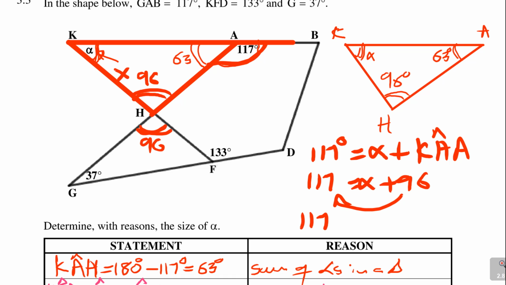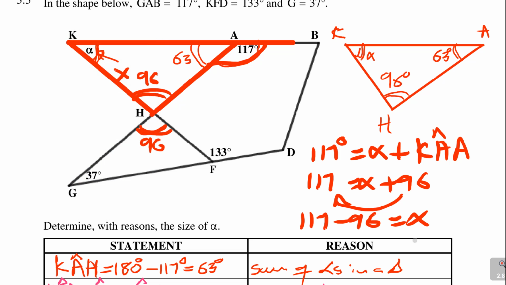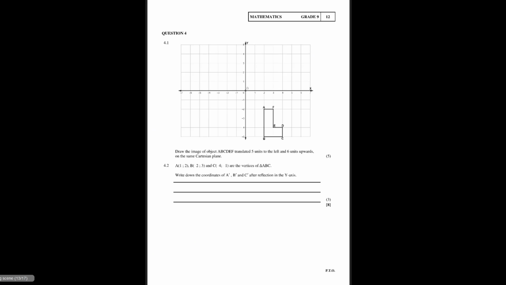So 117 minus 96 is equal to alpha. That was another way. Then when you subtract 117 minus 96, you get 21, you see? So alpha is equal to 21 degrees. Different ways you could have done this. Trust me, there were many.